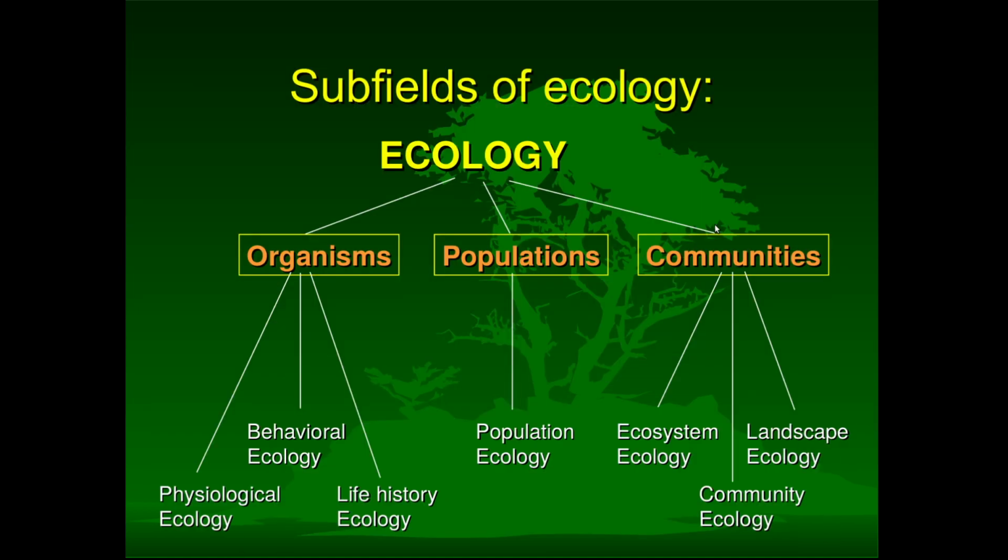At the population level of organization, which we're now at in this unit 2 of the course, the subfield of ecology is just called population ecology or demography. And it's often coupled with genetics, in which case it is called ecological genetics or population genetics. Remember, ecology is a multi and interdisciplinary field of study.